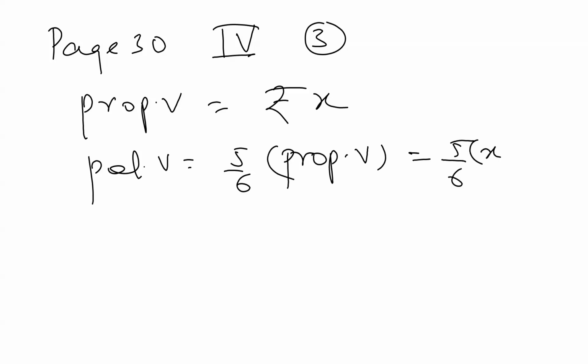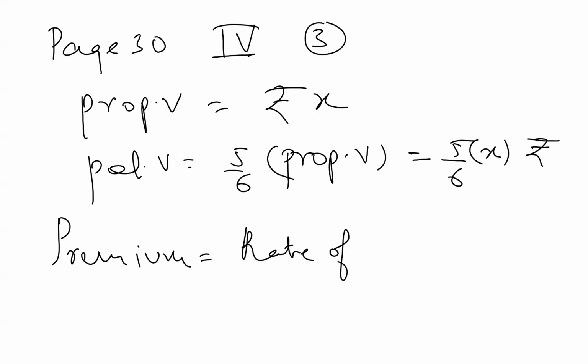The rate of premium and agent's commission is given, but the premium amount is not given. So first we'll calculate the premium. Premium is equal to rate of premium into policy value.